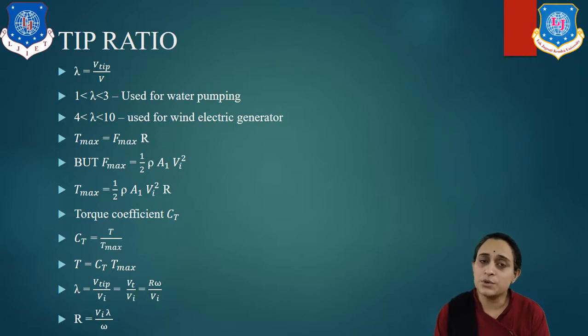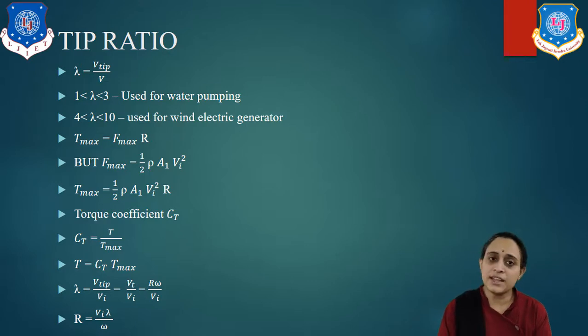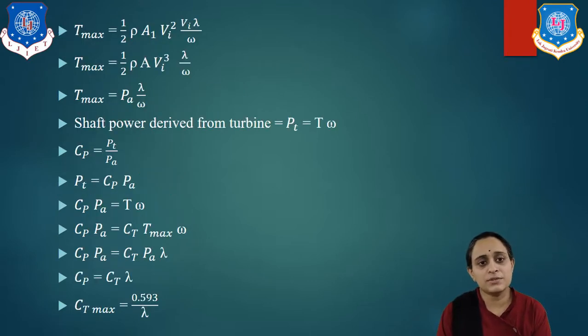So Vi is equal to R omega, upon V1. So R is equal to Vi lambda by omega. So now here we can write T maximum as 1 by 2 rho A1 V1 cube, multiplied by V1 lambda by omega. So finally we can write rho A1 V1 cube lambda by omega by 2. So this is the T maximum.